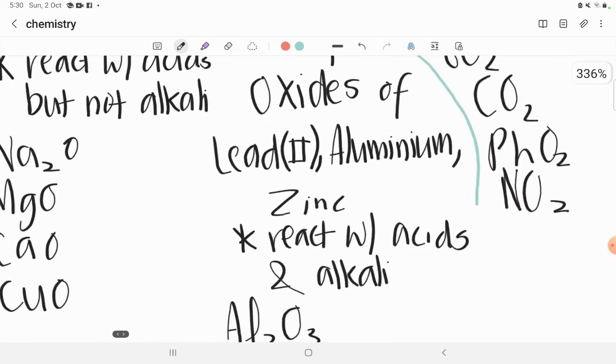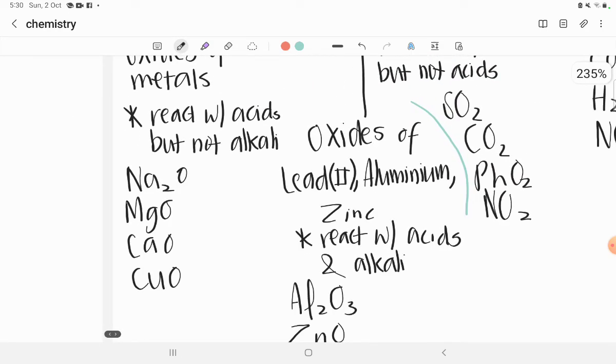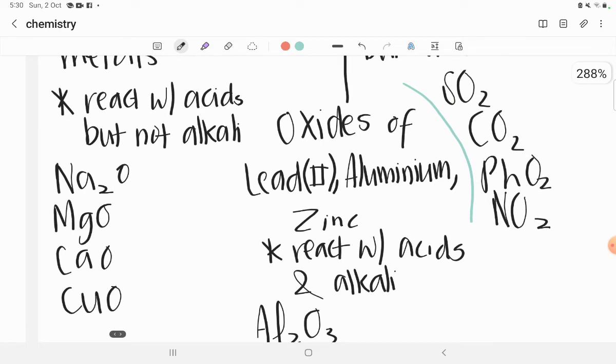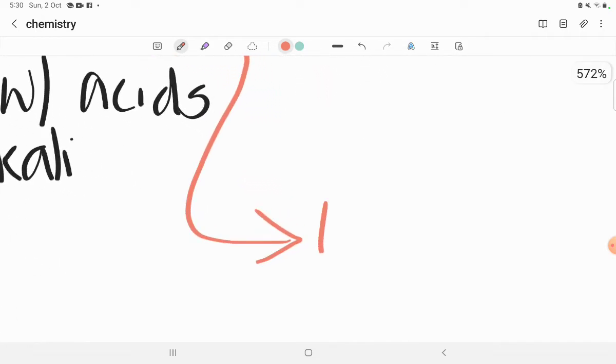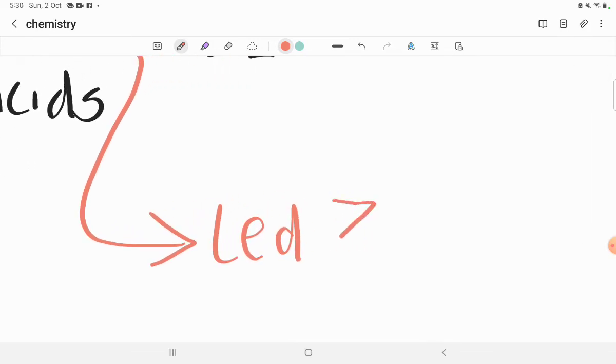Okay, for amphoteric oxides, how I remember the three metals, right? Okay, it's gonna be very embarrassing, but anything for your education. So there's lead, Zeppelin.